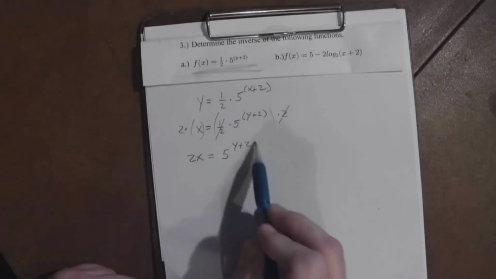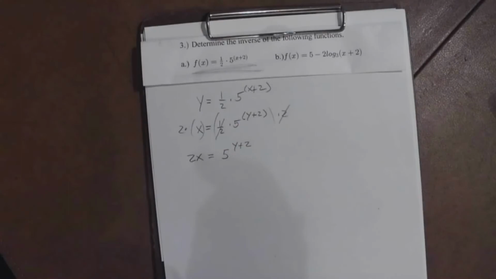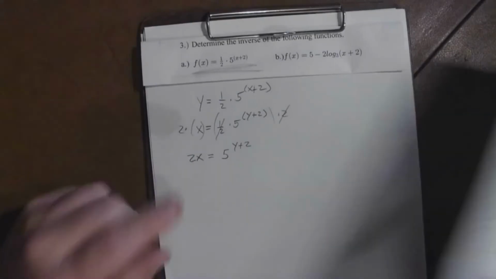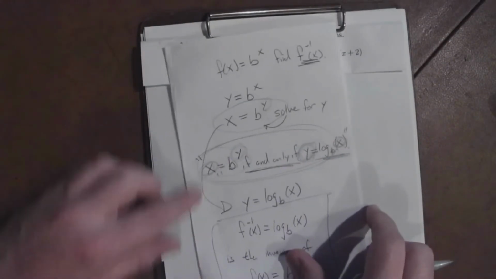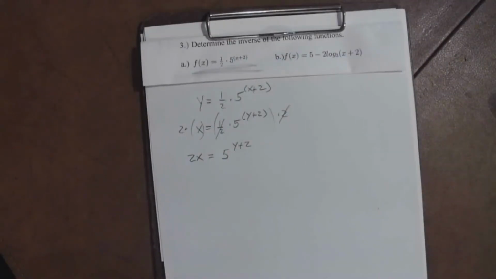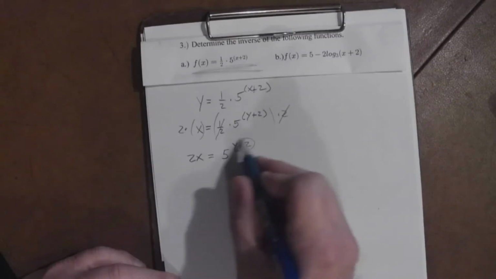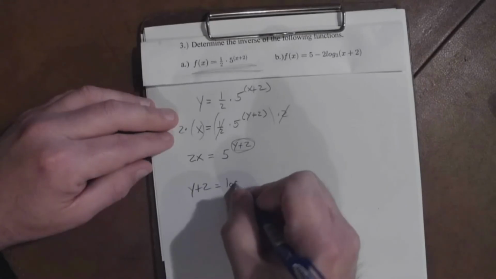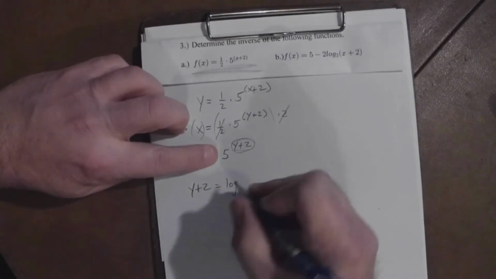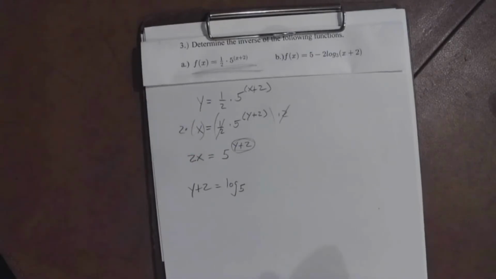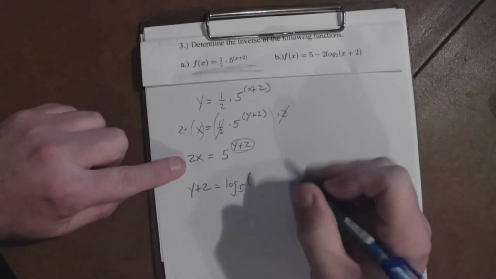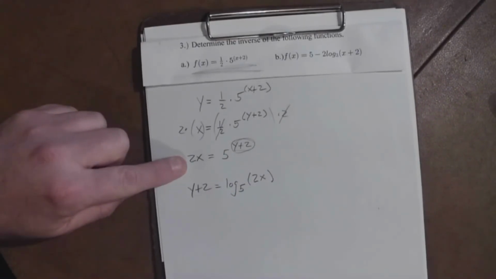Now, we're trying to isolate this value of y. We're solving for it. So how do we isolate that value of y? Is we now apply this idea. This exponent can be rewritten into a corresponding logarithmic statement. The power seen here, y plus 2, must be equal to a logarithm where we have the same base as we see in the exponential now applied to what was all by itself on one side of the equal sign here, that value 2x.